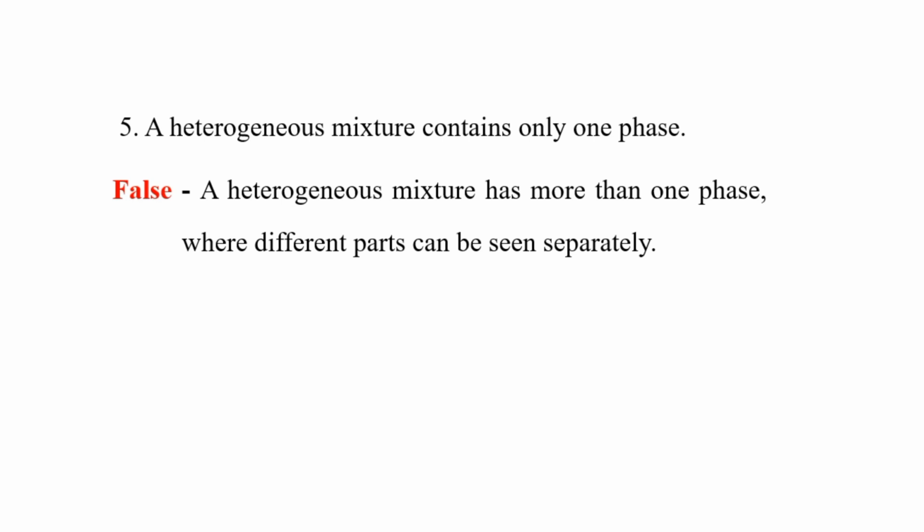Question number 6. Elements are types of substances composed of two or more types of atoms. The answer is false. Elements consist of only one type of atom. Compounds are made up of two or more types of atoms.